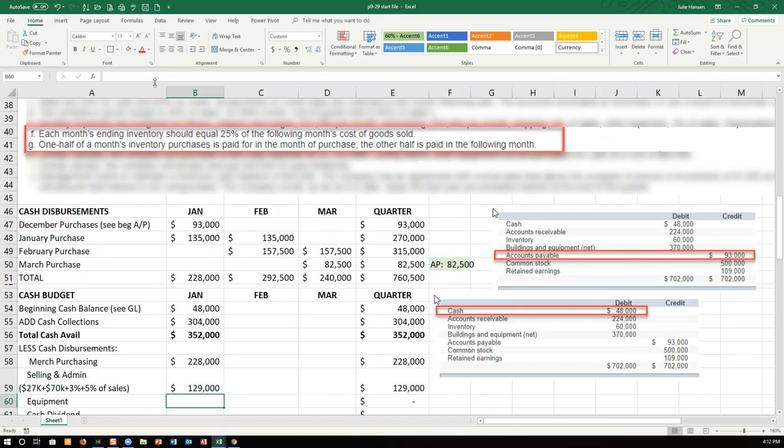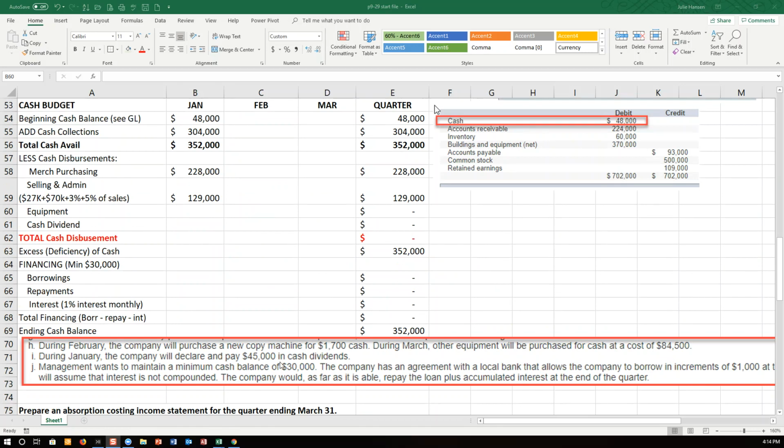Now, the problem also mentioned that we would be purchasing some equipment, so let me get back to that part. But they did tell us that they were going to declare a $45,000 cash dividend in January, so we'll go ahead and indicate that here, okay?